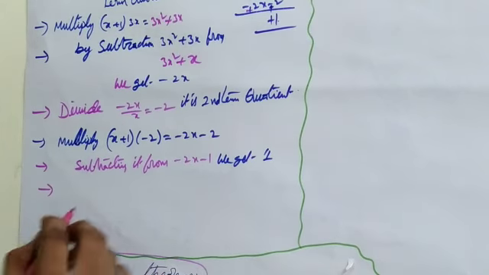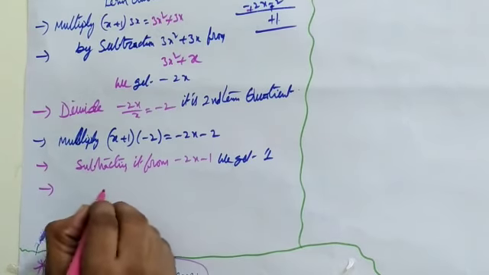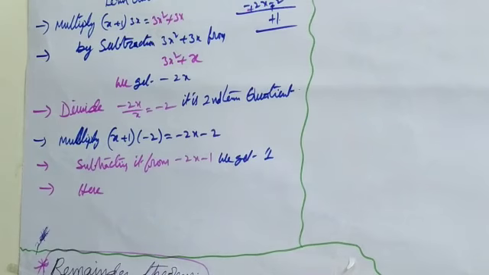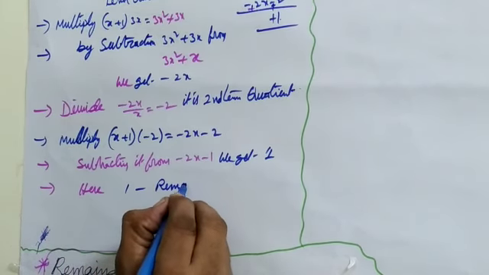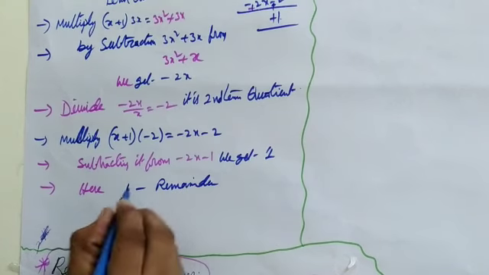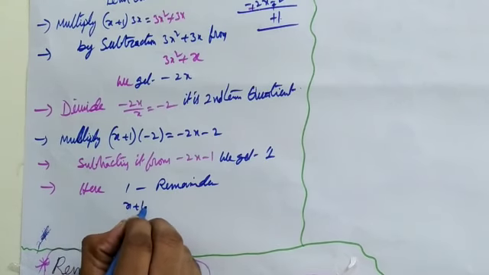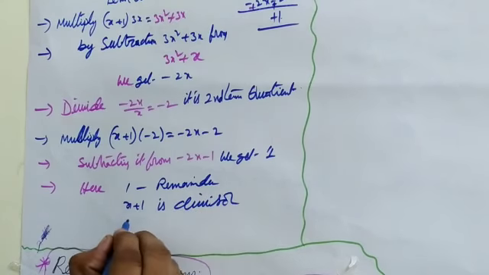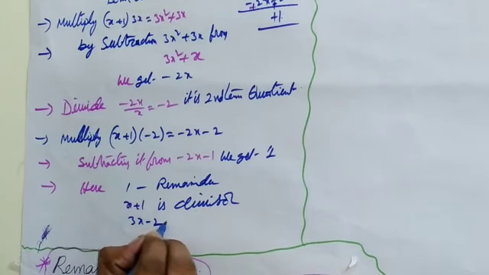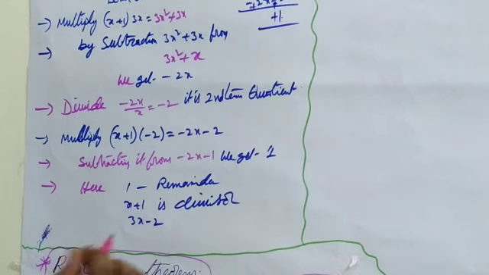Finally, 1 is the remainder, x plus 1 is the divisor, and 3x minus 2 is the quotient.